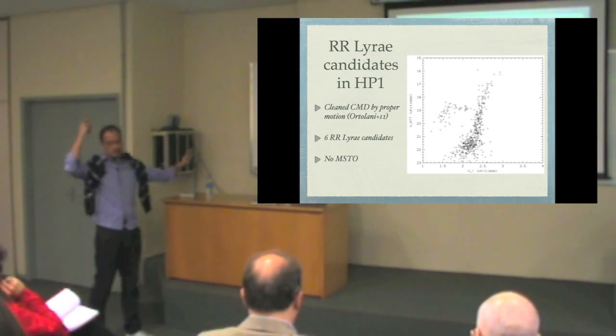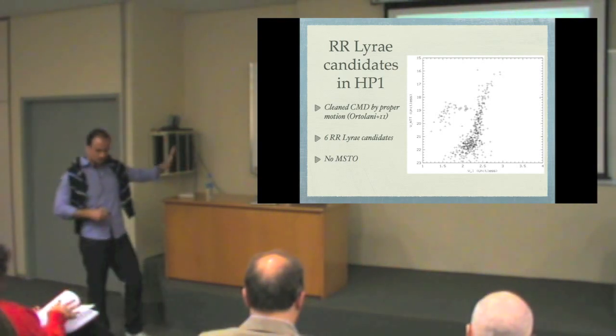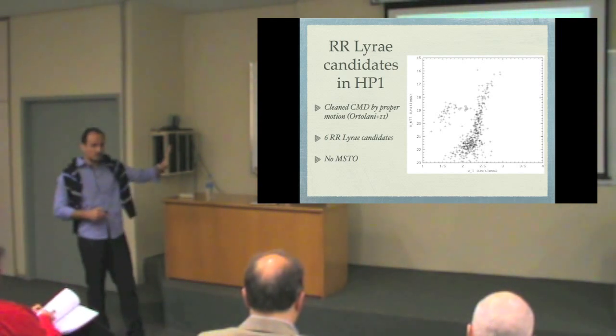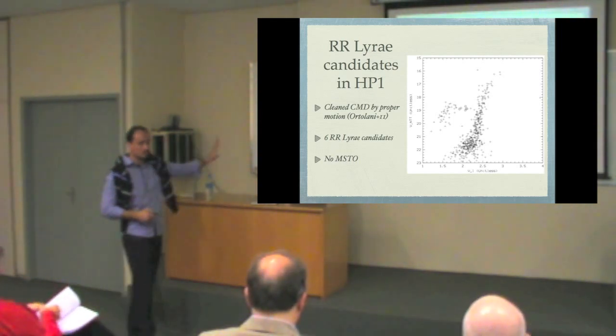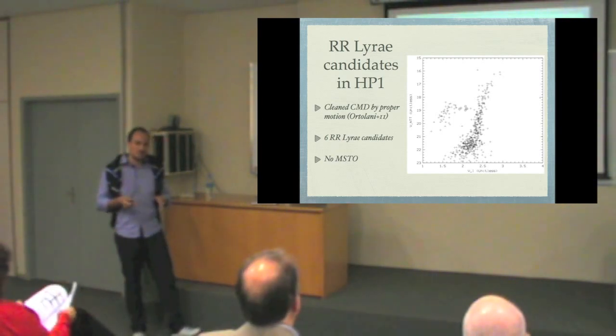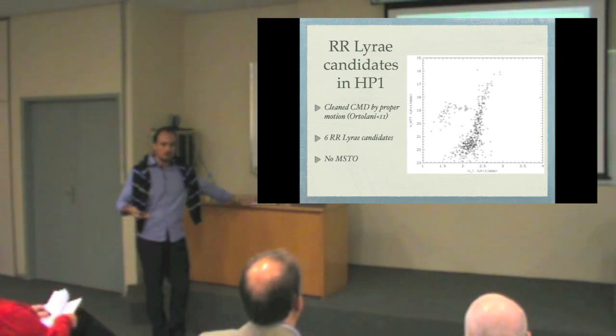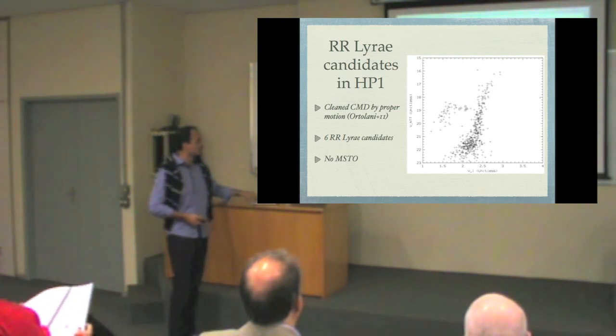As I showed in the beginning of the presentation for other work, the distance can move the CMD and the color and magnitude of the stars. So it's quite important to derive precisely the distance of this cluster to have a very well constrained age.